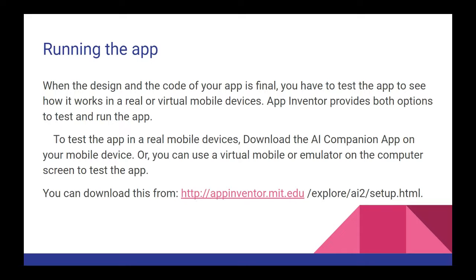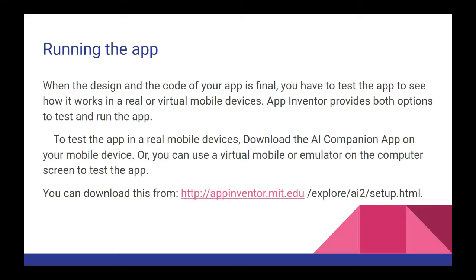What we have to do is download the AI companion app on your mobile devices to test your app on a real mobile device. Or you can use a virtual mobile or emulator on your computer screen to test the app.